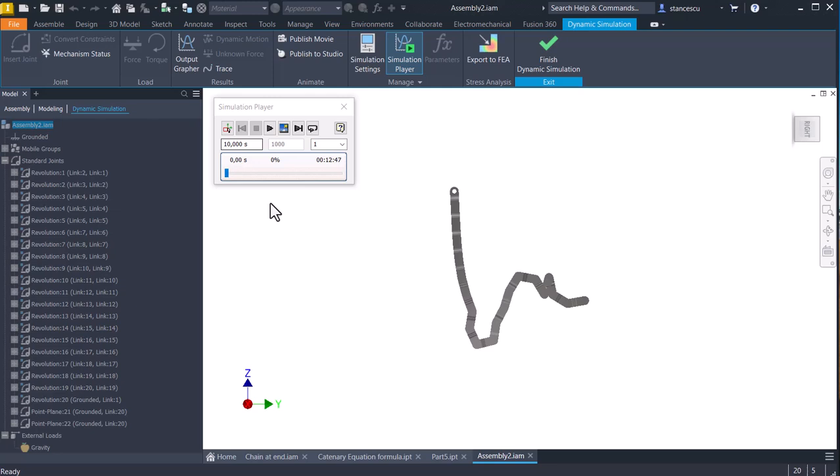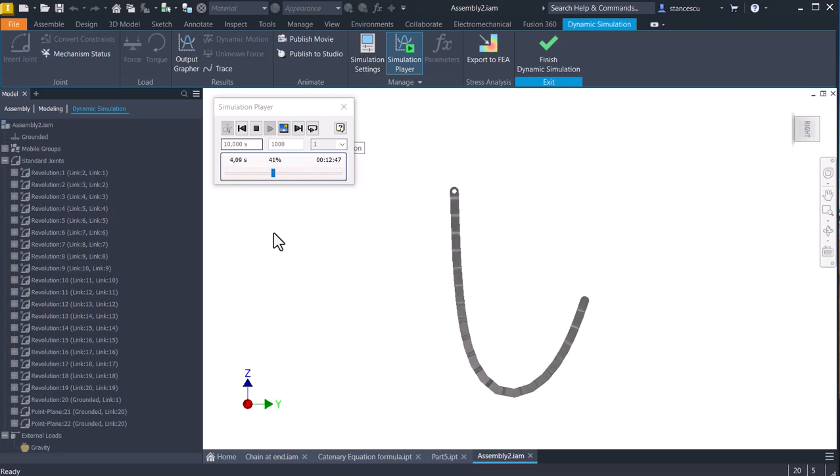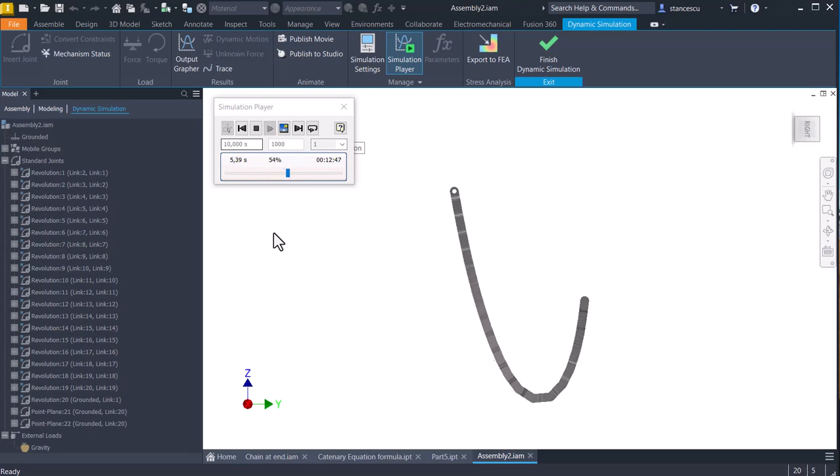After almost 13 minutes, when Inventor computed all the movements, I can run for you in 10 seconds all this movement. You see, with that great friction coefficient, we have this time of moving.